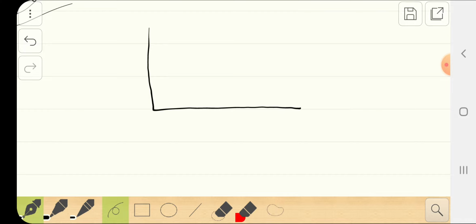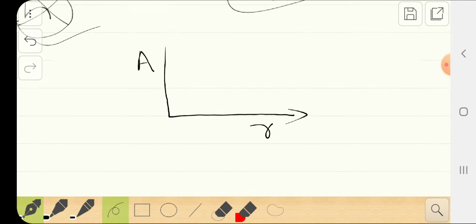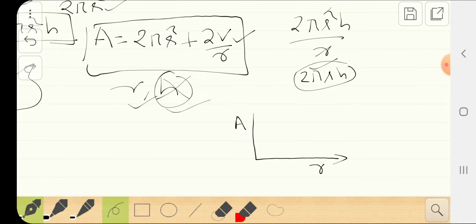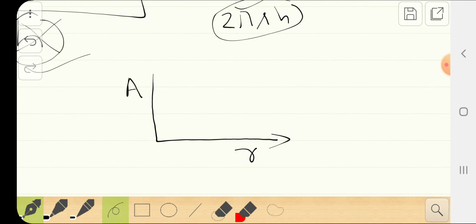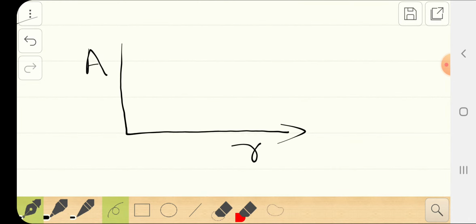If a is changing with r, in this equation r changes, a changes. So if a is changing with respect to r, that means the value of a will fluctuate, right? Fluctuate like this or something like this. I don't care about anything else. It will fluctuate. That's it.